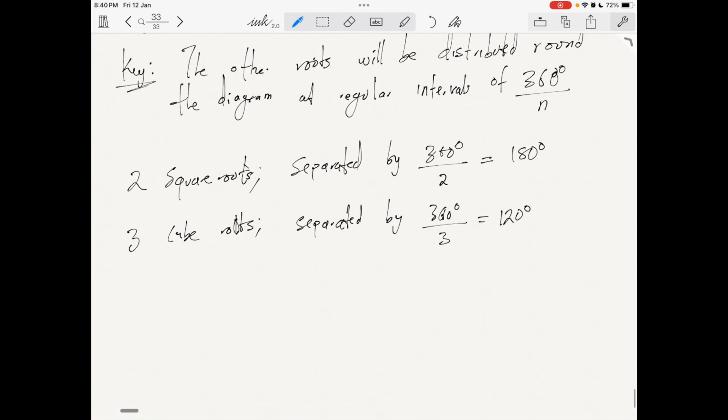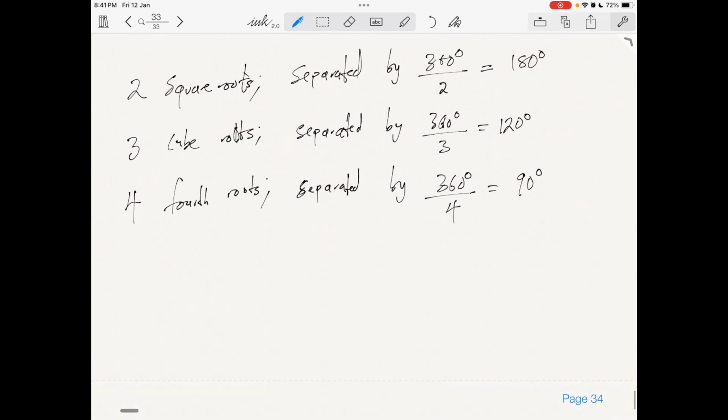If we are evaluating the fourth roots of a complex number, each resulting complex number will be separated by 360 degrees divided by 4, which is 90 degrees. And it continues in that order.